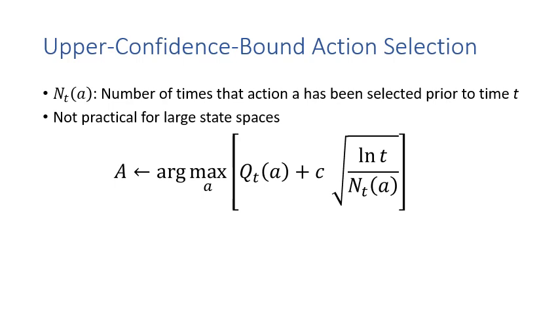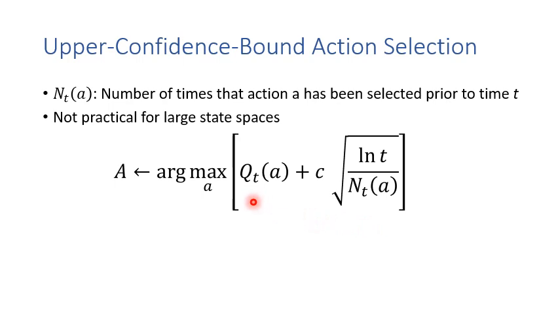The idea of the upper confidence bound action selection is to encourage the agent to select the action less selected. So let N_t(a) represent the number of times the action has been selected prior to time t, and we put N_t(a) in the divisor of this term.